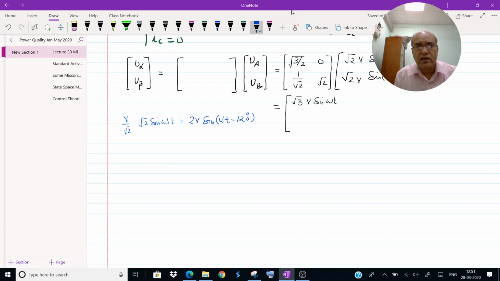Simplify this, you will get V by 2, so V is common. So this is sine omega t by 2, and this is twice of sine omega t minus 120 degree. Am I correct? Root 2 I have taken common. V is common, so root 2 by root 2 becomes 1.